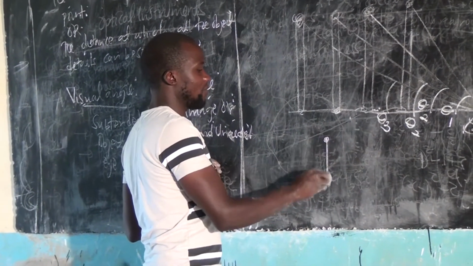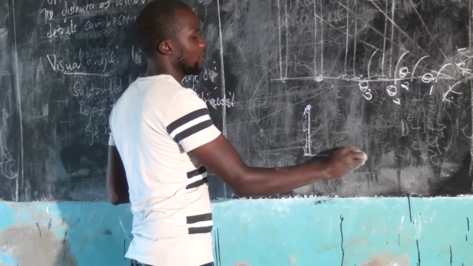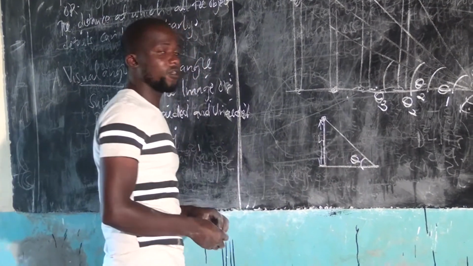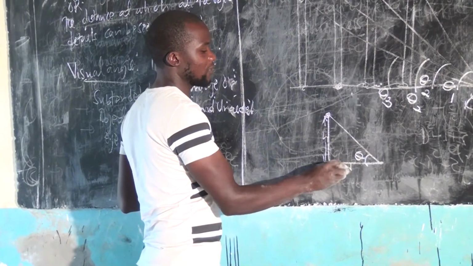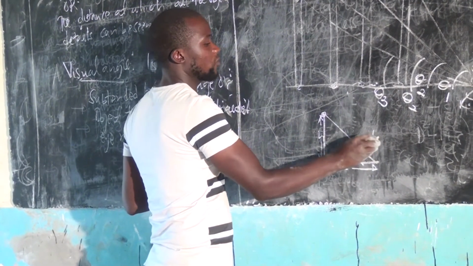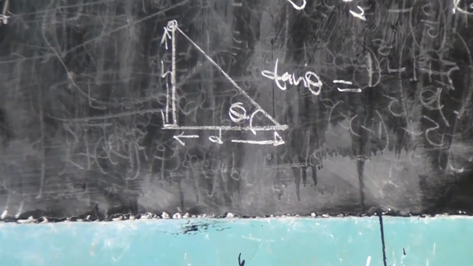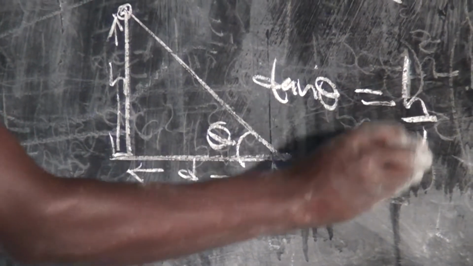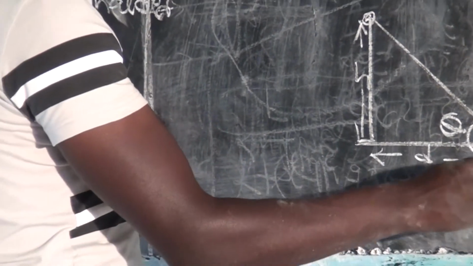If I had this one being the tree with a particular height h, and this is theta, of which theta is the visual angle, and I look at this other distance, maybe d, I want to talk about tan of theta. Tan of theta becomes h over d.